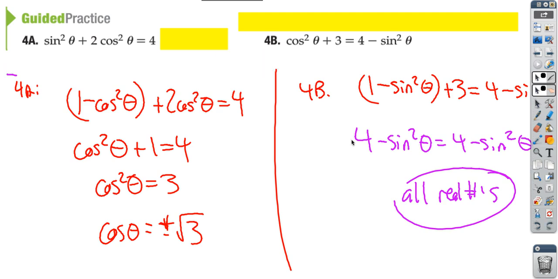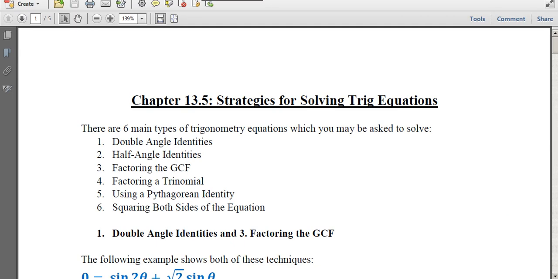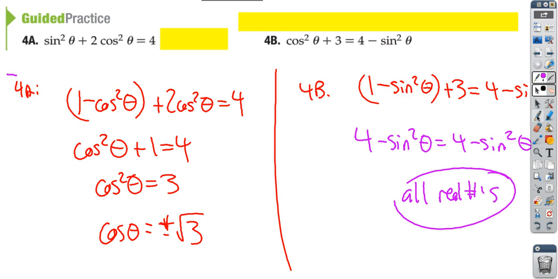Here we go. On the left side is 4a. You can see what we did here. We wanted to use this technique, which is using number 5, a Pythagorean identity. The most famous identity, the one we use so often, is this one right here. So you should probably immediately think of that when you see a sine squared and a cosine squared. You want things to be in terms of one trig function.